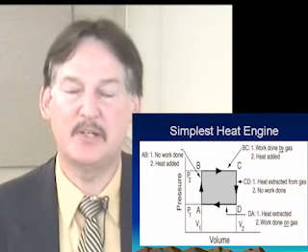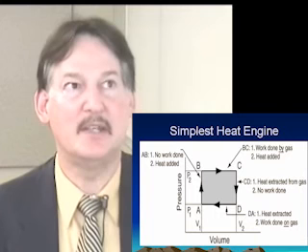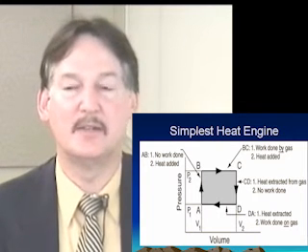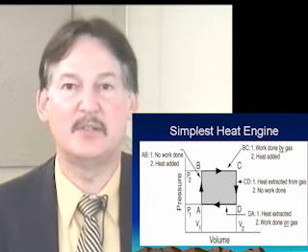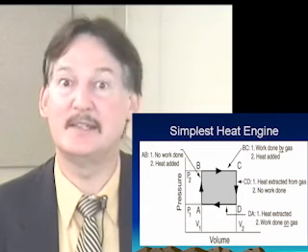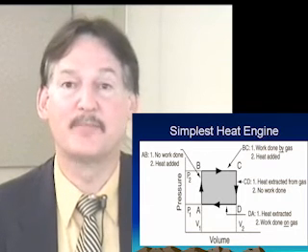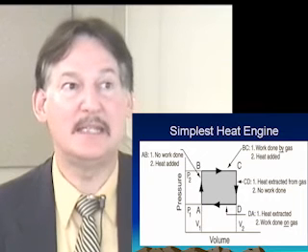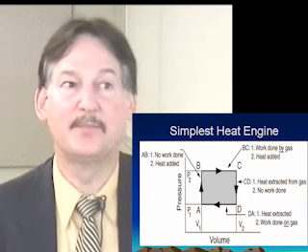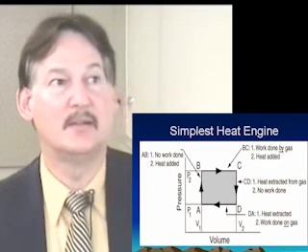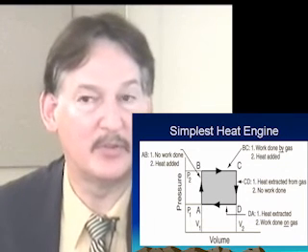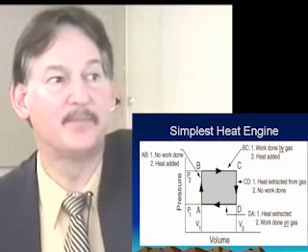Now we're going to depressurize from C to D. We're going to let heat flow out of the gas. And of course there's no work done in C to D because the volume change is 0. There's no area underneath the line CD. And then finally from the point D to A, we're going to contract in volume. Again, the work is being done on the gas because the volume is going from larger to smaller.